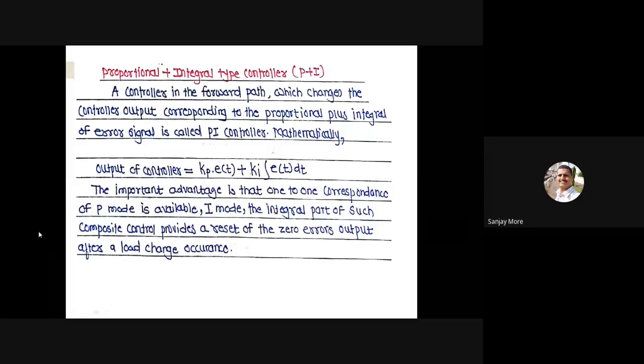So the controller output is Kp into E of t, means constant of proportional into error, plus Ki, constant of integration, integral of E of t dt. This is the output of the combination of proportional plus integral type controller. Okay.